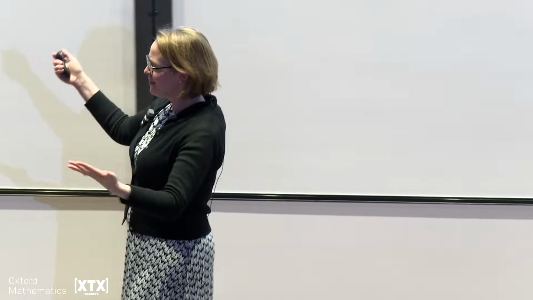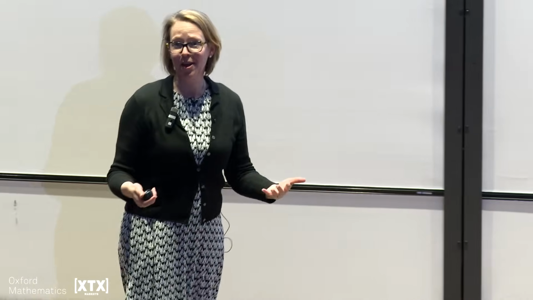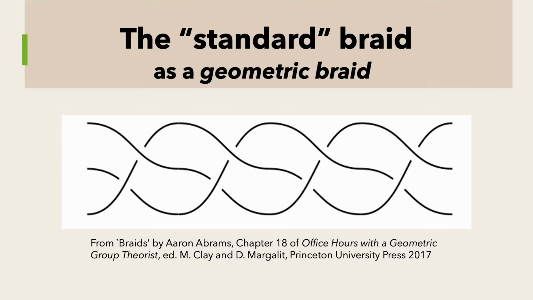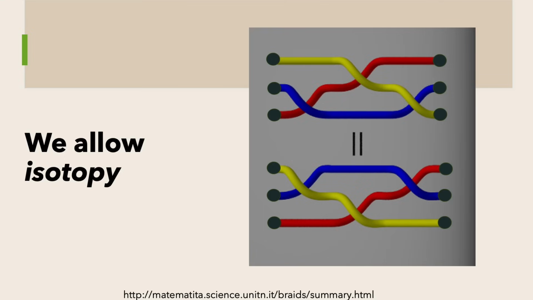Okay, so how does a mathematician understand this object? Let's start with that. So this is something that we call a geometric braid, and I want to tell you a little bit about some of its properties. So for starters, we don't consider them as completely rigid objects, okay?